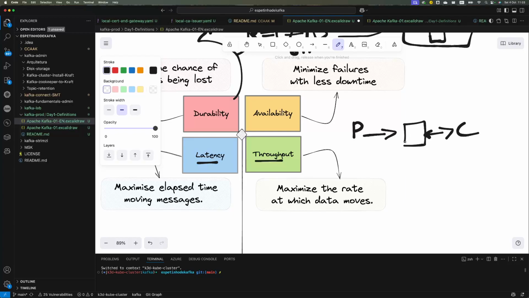So what is the latency from here to the consumer? What is the guarantee I need? The low latency use case. We have a lot of different use cases for low latency, but you need to know.